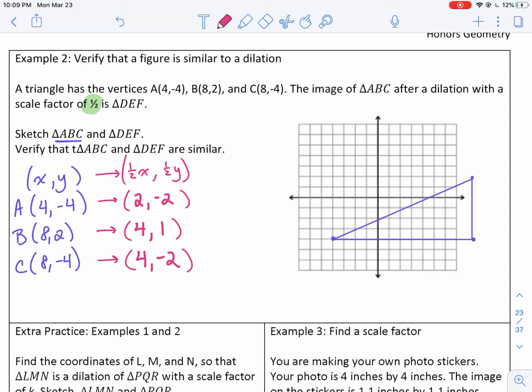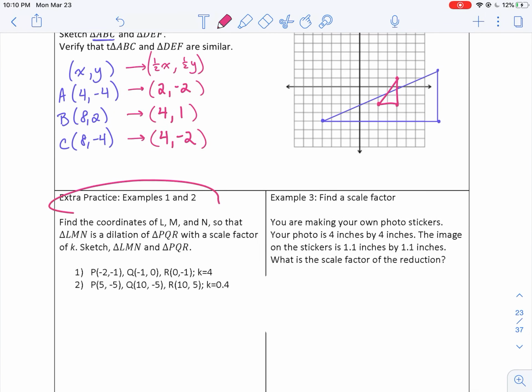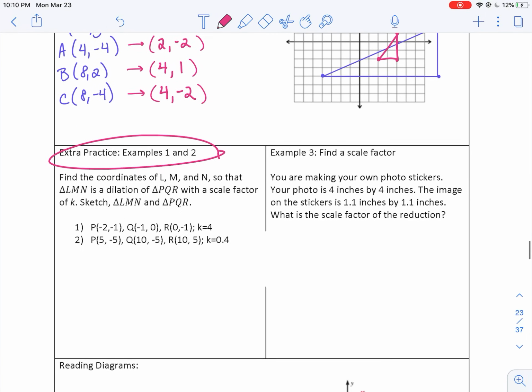Then if we plot our points, this becomes our figure. Great. You can very clearly see that it's been shrunk, and that is basically what we're asked to identify. Then you're going to complete this extra practice, examples 1 and 2, on your own.